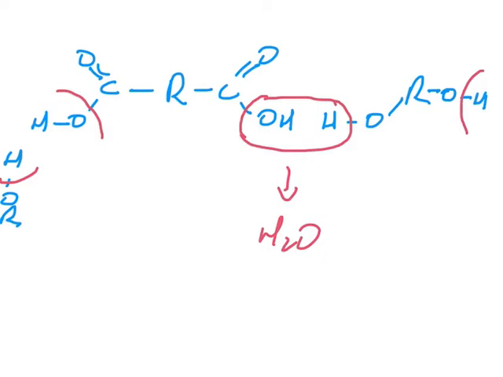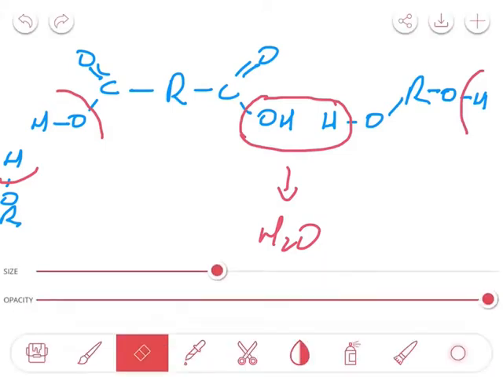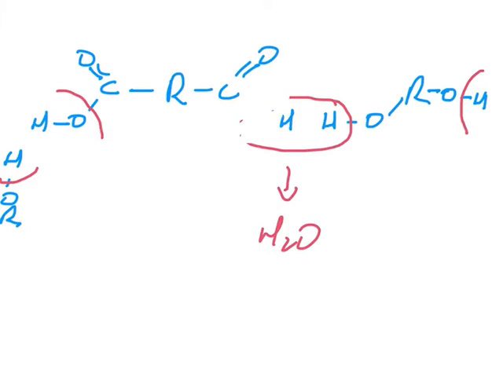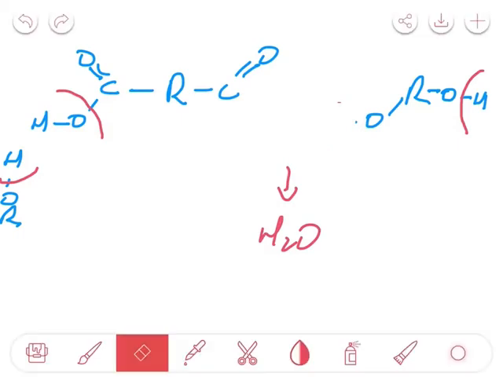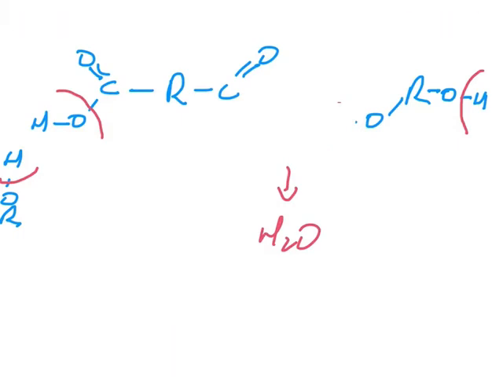So what we've got here is the first way that we can make a polyester, because a polyester is where we make an ester linkage to join many molecules together. So if I get rid of this here, so there's the water that has been given out, and then join these together.